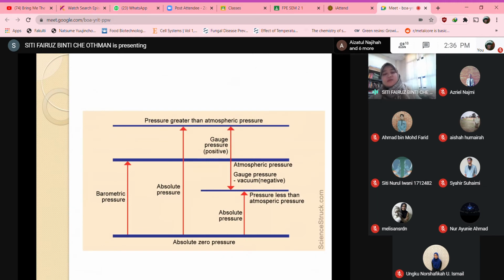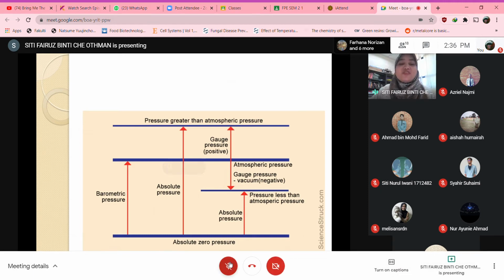Yes, this is what I want to actually show you. Have you seen this before? Have you ever heard of this? Gauge pressure, absolute pressure. Yes. Absolute pressure.